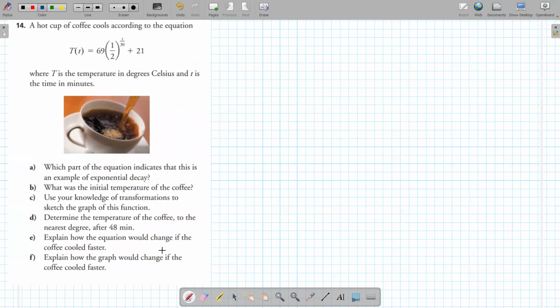Part B, what was the initial temperature of the coffee? So when it says initial, what do we plug in as time? Zero. If you plug 0 as time in here, what do we get? Do we get 69?